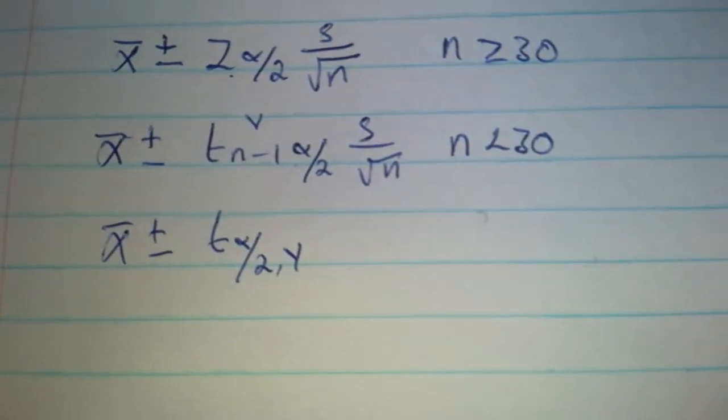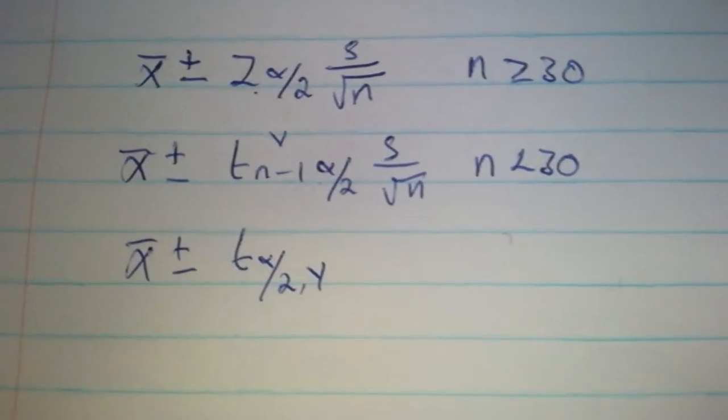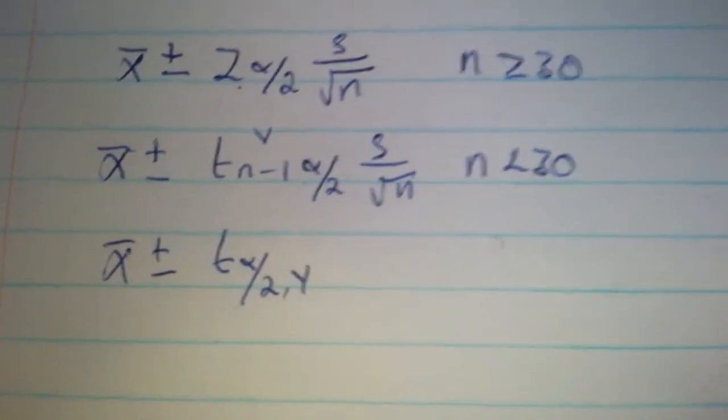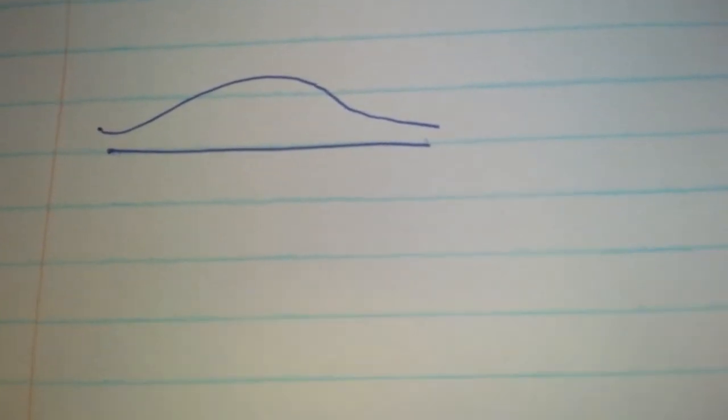So the question I'm sure may arise here is why are we dealing with alpha over 2? In fact, what is alpha? So let us understand this. I'll take you back to the normal distribution curve. I'll roughly draw it so that we have a basic understanding of what we're dealing with. This is our standard normal distribution, and the probability is found by the area under the graph.